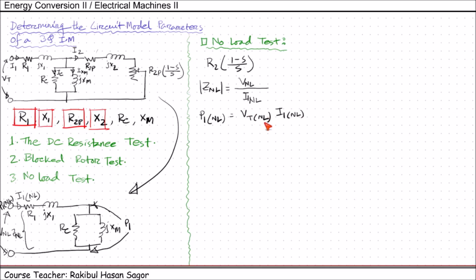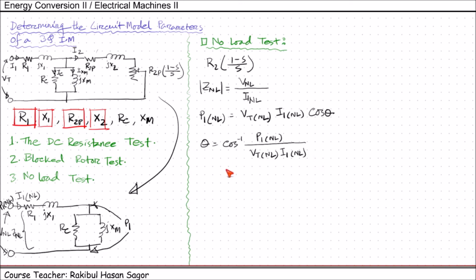Here the terminal voltage is the rated voltage, multiplied with cos theta, that is the power factor. So the no load power factor angle theta can be found using this formula: P1 NL divided by V terminal, which is the rated voltage, multiplied with I1 under no load condition.